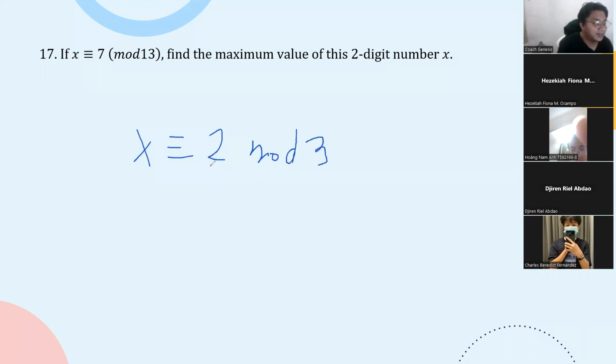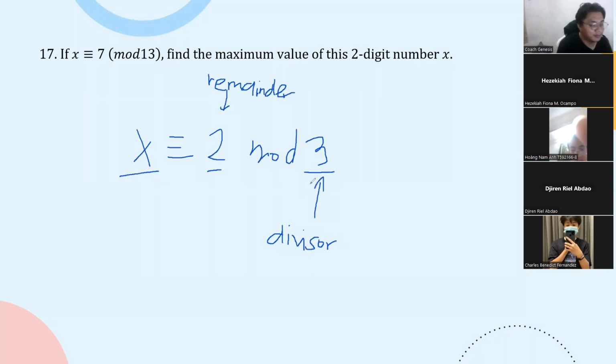That just means that when x is divided by 3, it will give you a remainder of 2. So the left side will be the remainder, and on the right side of the modulo, that will be our divisor.